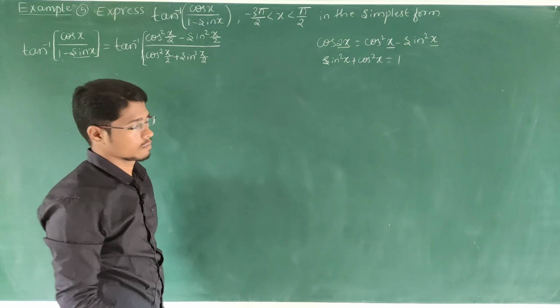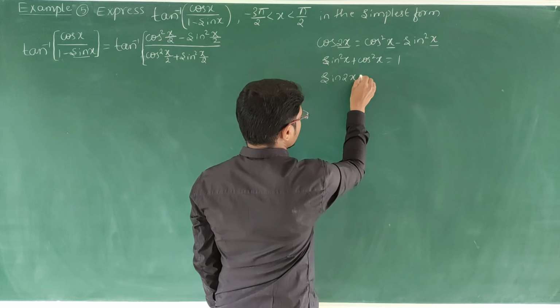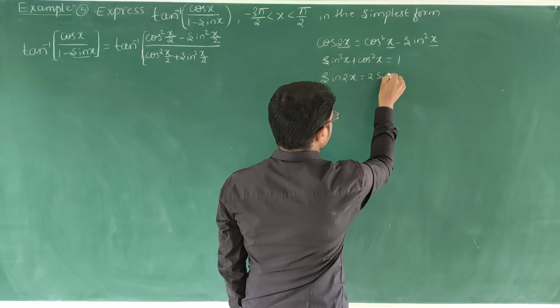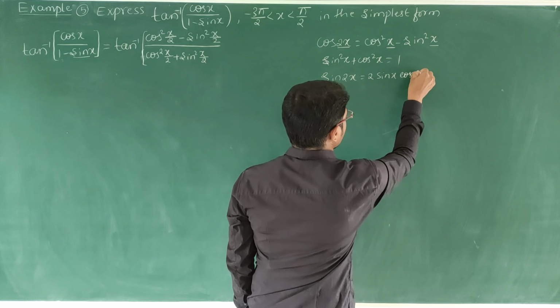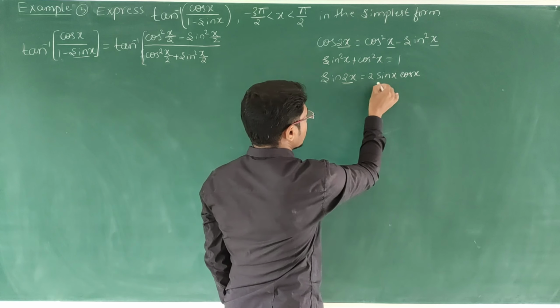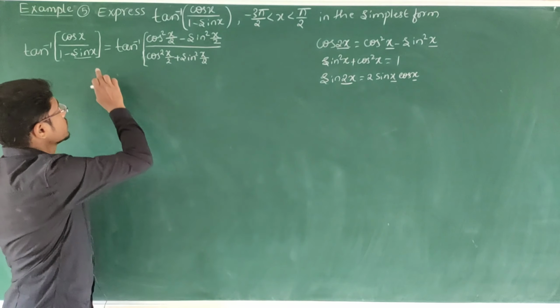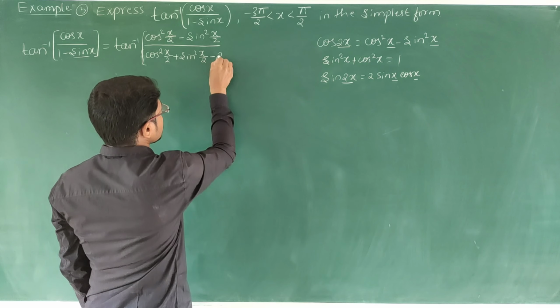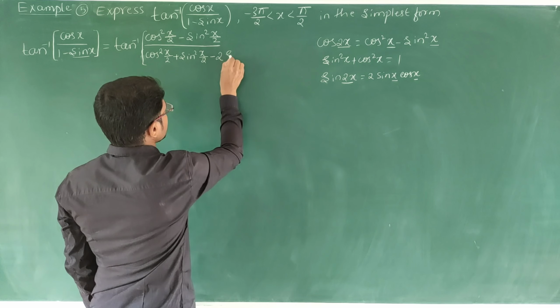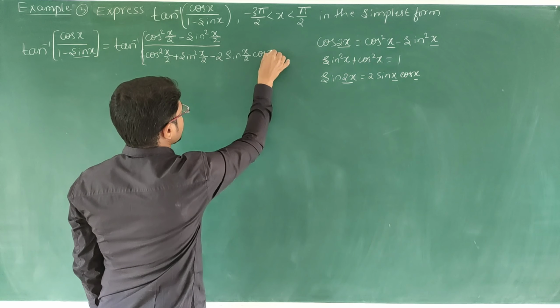Sin 2x is equal to 2 sin x into cos x. In the same manner, sin x is there, I will write it as half, that is minus 2 sin x by 2 cos x by 2.